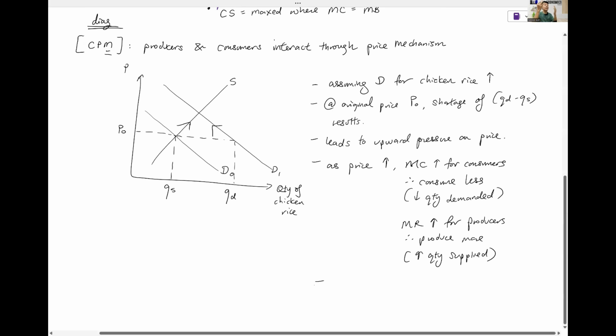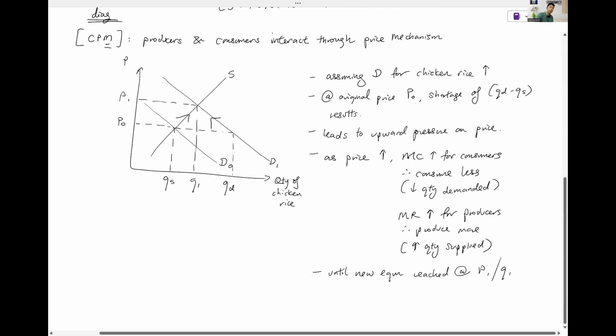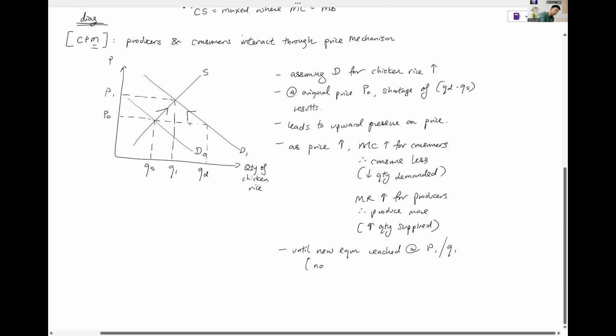It's basically the same thing, PAP or MAP, whatever you call it, until the new equilibrium is reached at P1, Q1. And no tendency for further change.